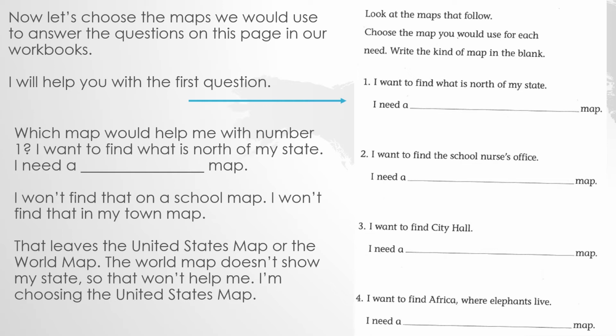So this leaves me with the United States map or a world map. The world map doesn't show my state, so that won't help me. I'm choosing the United States map because I know I could look on that to see what states I would drive through on my way from Washington to California. So let's write that on number 1. I need a United States map. Write that on your page now.